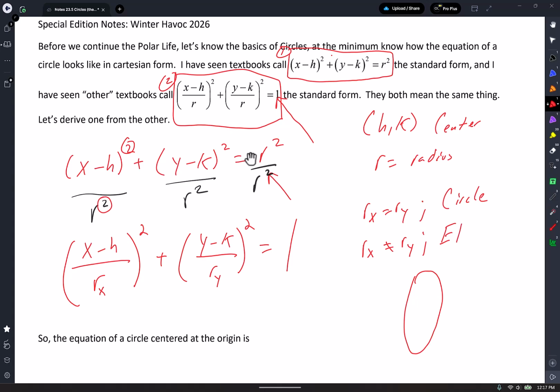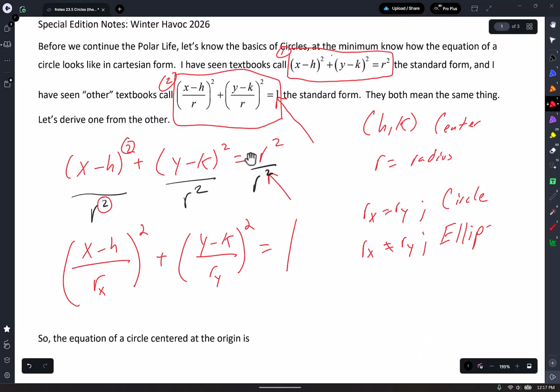Second letter L. E-L-L-I-P. Oh, ellipse. Yes, not an eclipse. Ellipse. Okay. If rx is not equal to ry, we have an ellipse because we have an x radius and a y radius. We're not there yet.